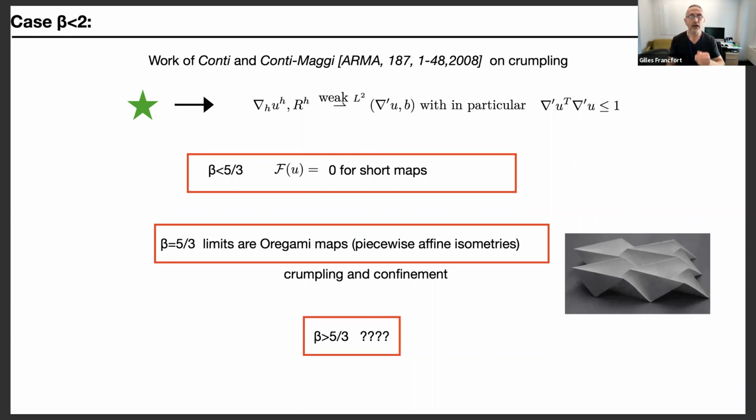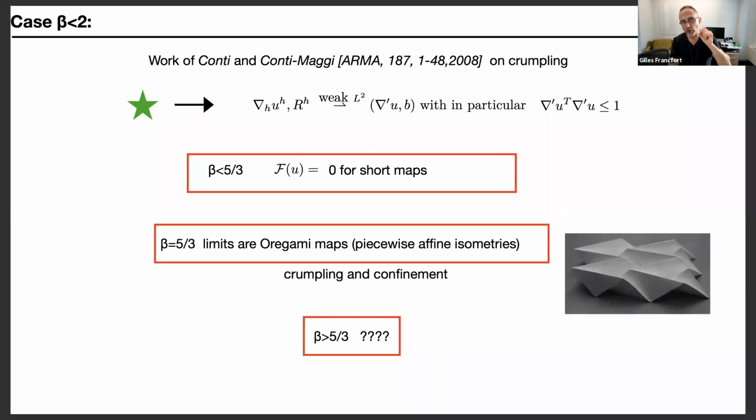Well, not so much is known. There's work of Conti and Conti-Maggi, which essentially tell you that your rescaled gradient and your rotations always converge to a grad prime mu b.